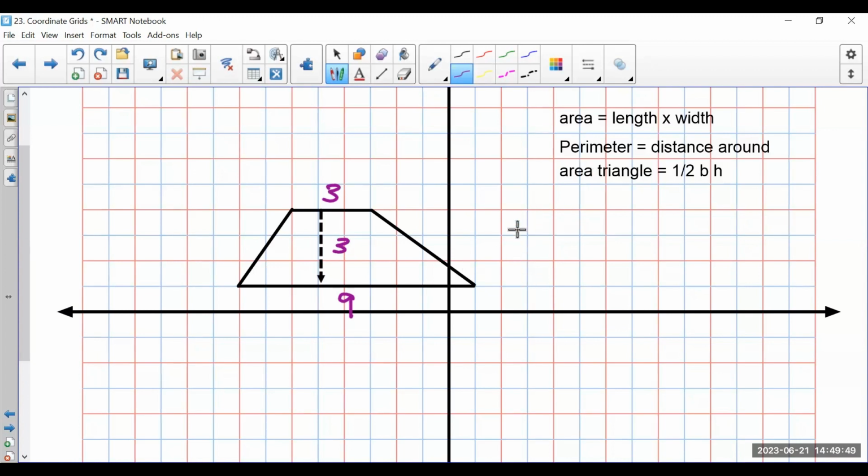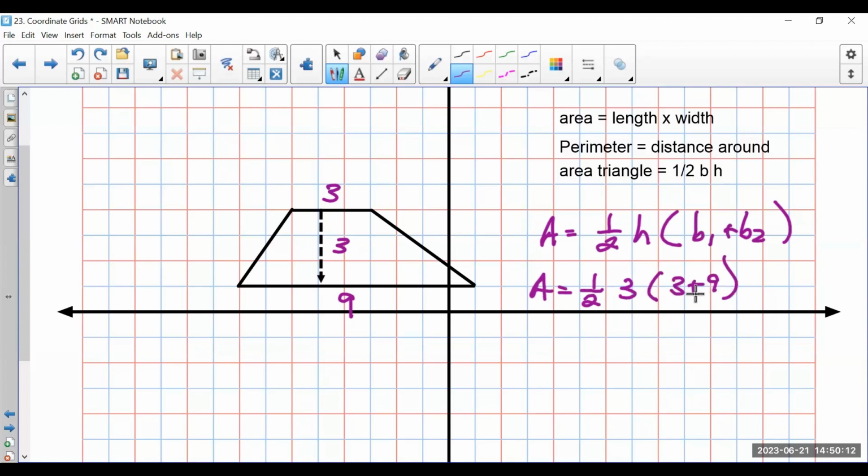So there's lots of formulas that you could use. But the official formula for a rhombus is area equals 1/2 times the height times base 1 plus base 2. So area equals 1/2 times 3 times 3 plus 9, or 9 plus 3, either way.